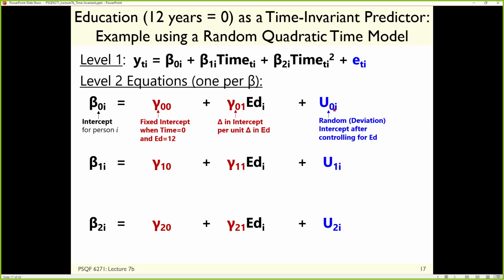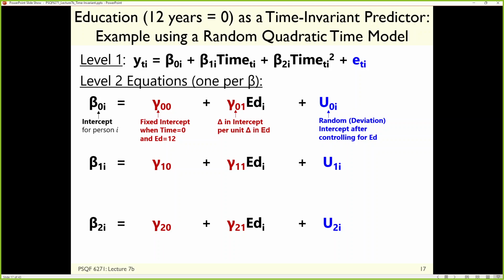And then U0 is still the idea of an individual deviation, but now it's deviating from something different. It's deviating from the intercept at time 0 as predicted by a linear effect of education. So anybody who graduated from high school, 12 years, would have the same predicted intercept.